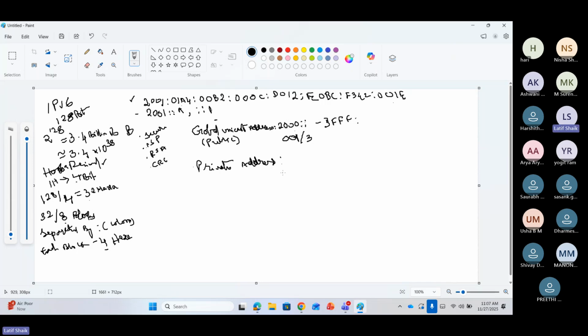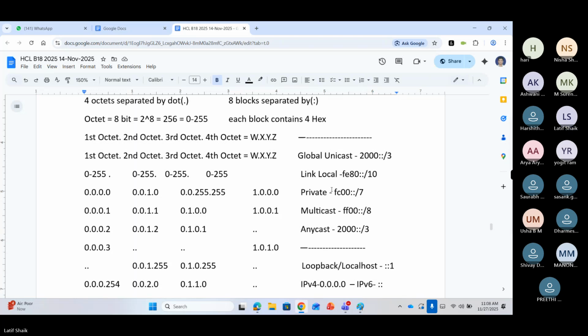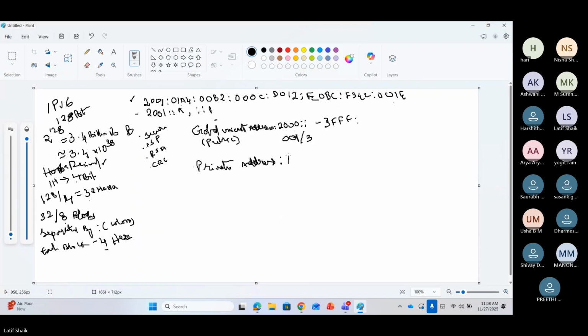We can't communicate with our own IP address to the public. The private IP address range, I have to check once. It's FC00 or something like that. Yeah, it's FC00. So this is my private IP address. Public IP address, private IP addresses.